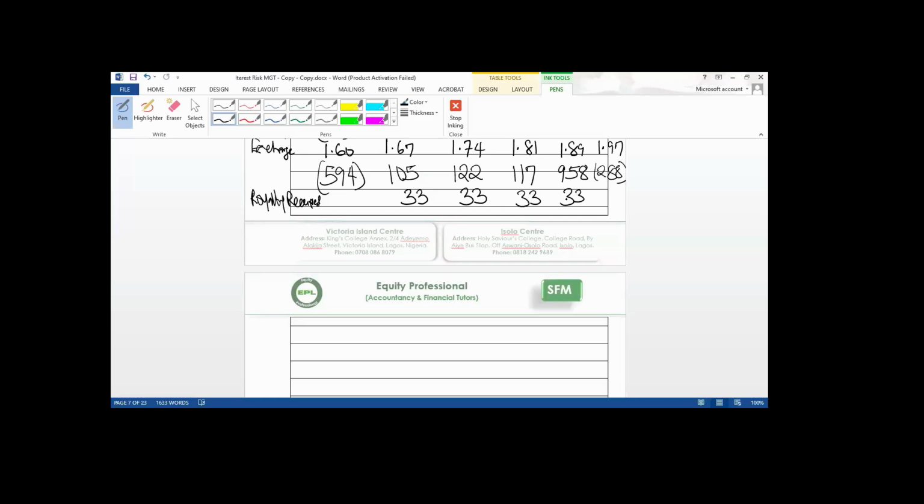Now this royalty is not subjected to tax. No withholding tax is paid on this royalty. That means this income has escaped tax. This 33 million has not been taxed.